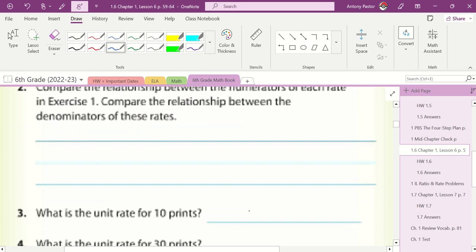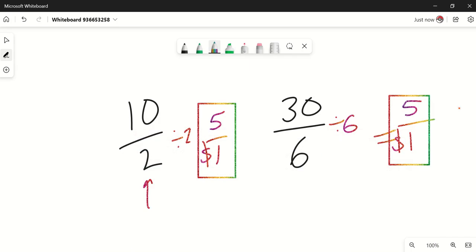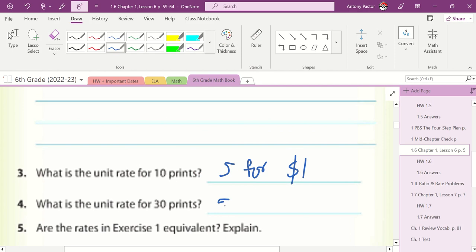We compared these. They asked us what is our unit rate for 10 prints. It's 5 prints for $1. And then over here, the unit rate for 30 also was 5 for $1.